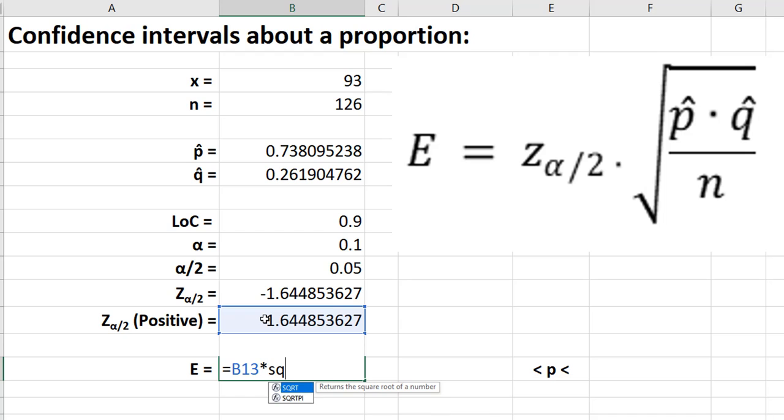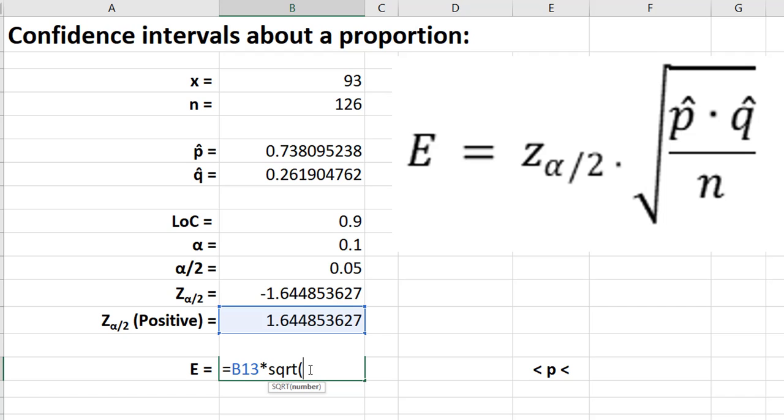It's just SQRT. We're going to open parentheses. We can just type it in directly. The order of operations in this case just works out, so we don't have to worry too much about putting extra parentheses in.